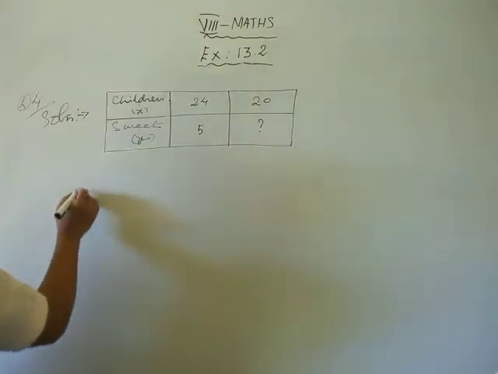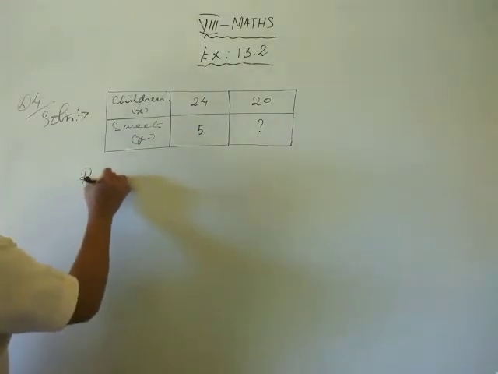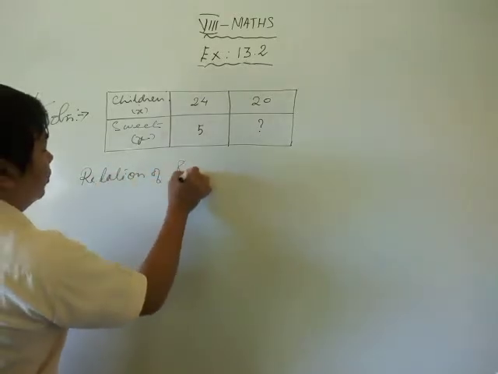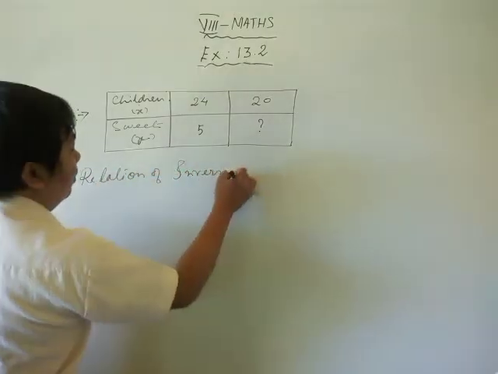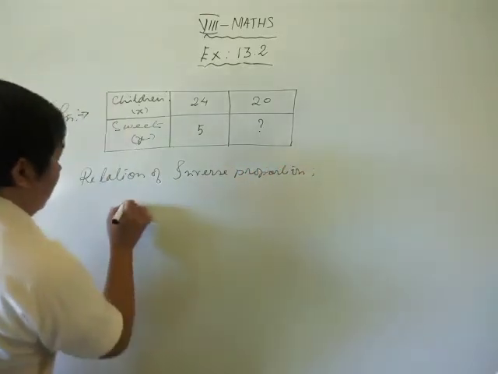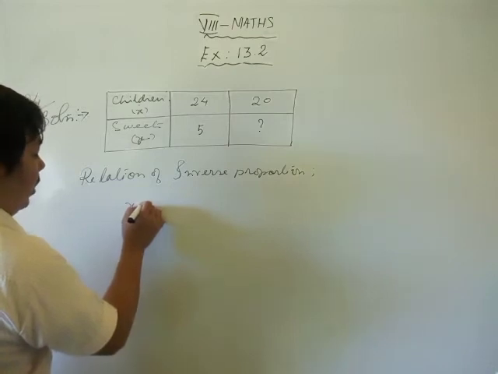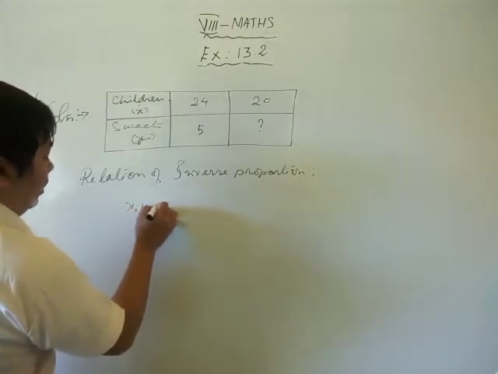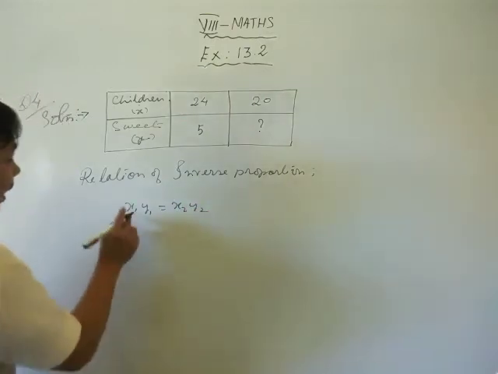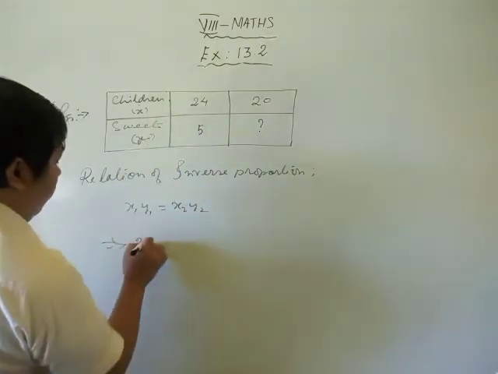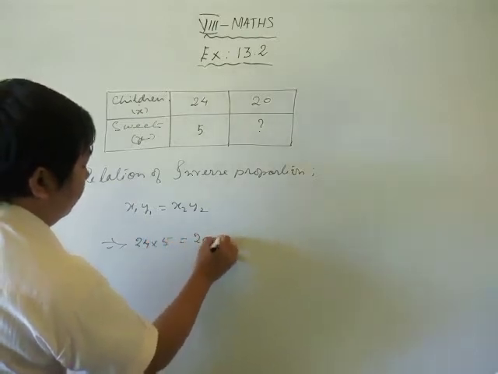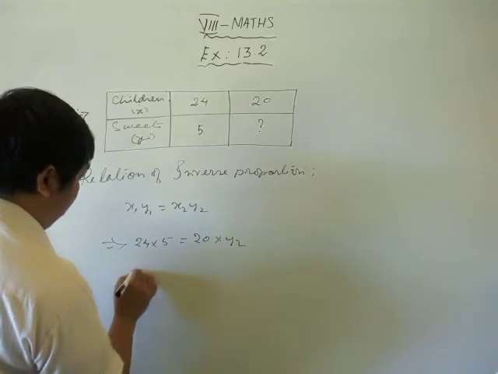The relation we have is the relation of inverse proportion, that is x1 y1 equals x2 y2. So 24 into 5 equals 20 into y2. We are going to find out y2.